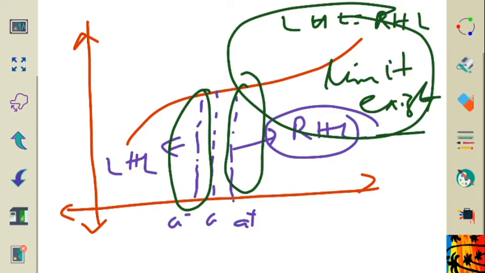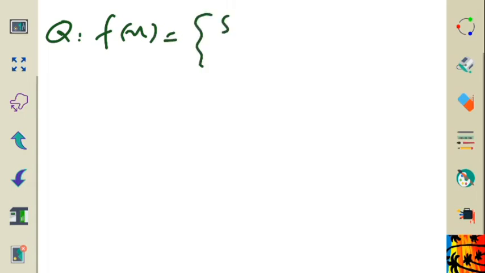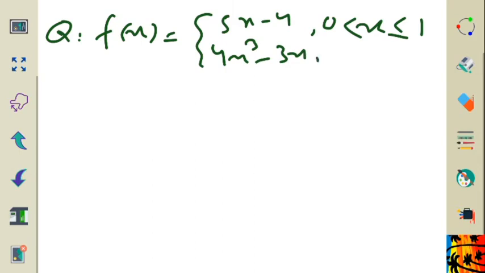Now let me take a very small example, then I will plot the graph of special functions to see whether their limit exists at particular points or not. Clear? So suppose I ask you to test whether the limit exists or not. I will give you a question. f of x equals 5x minus 4 when x lies between 0 and 1, and 4x cube minus 3x when x lies between 1 and 2.